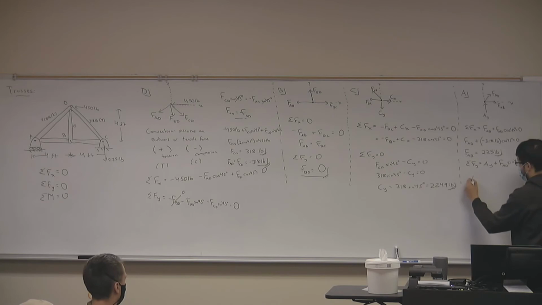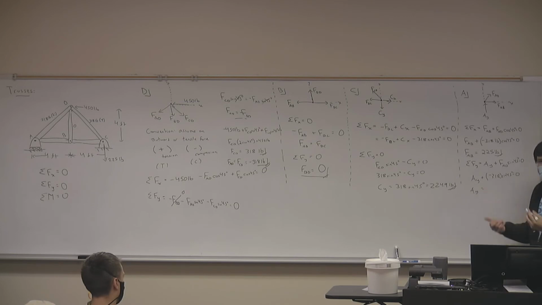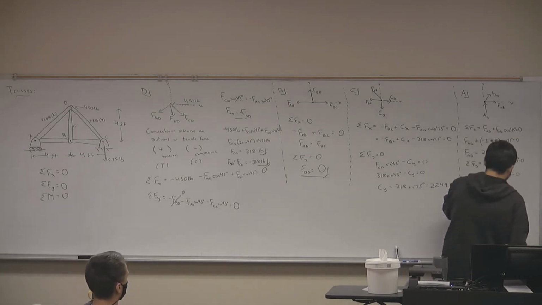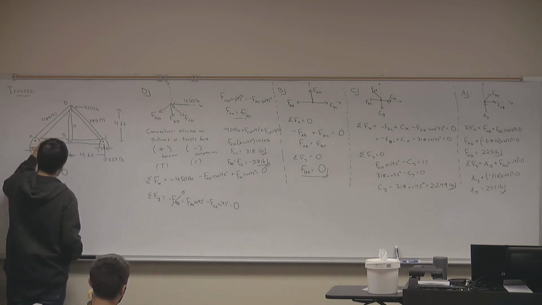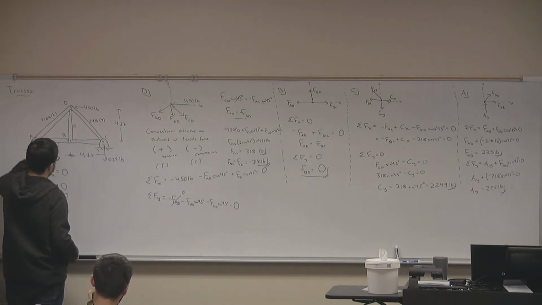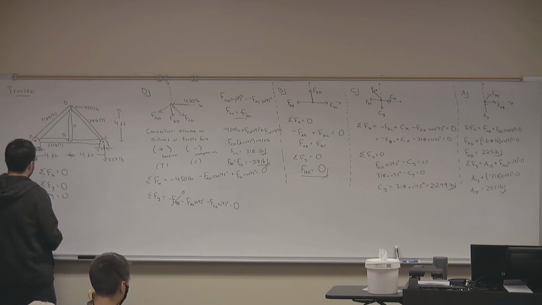So we get that FAY plus FAD is negative 318 sine of 45 equals 0. And AY equals how much? I don't think we need to use our calculators, right? 225 pounds. So I'm going to write it down here. FAB is 225 pounds in tension or compression? Okay. And then we get that the reaction force in the y direction is also 225 pounds and then upwards.